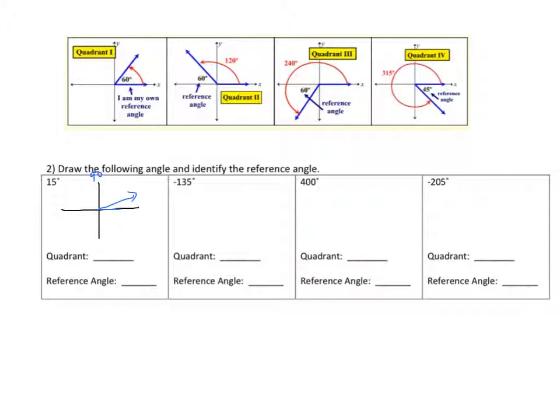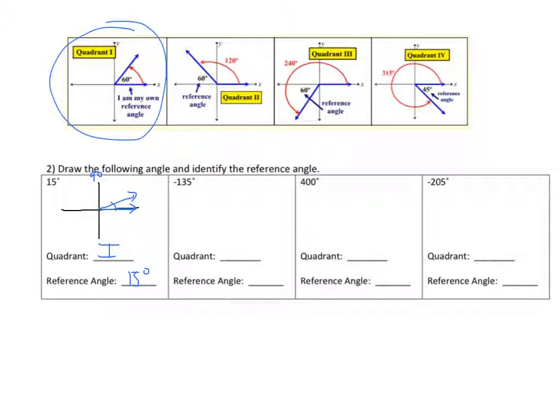And our initial side is always on the x-axis. So there's your 15-degree angle, and this angle is in quadrant 1. In quadrant 1, the reference angle always is the actual angle. Remember, I'm my own reference angle in quadrant 1. So the reference angle would just be 15 degrees because it already is an acute angle formed with the x-axis.